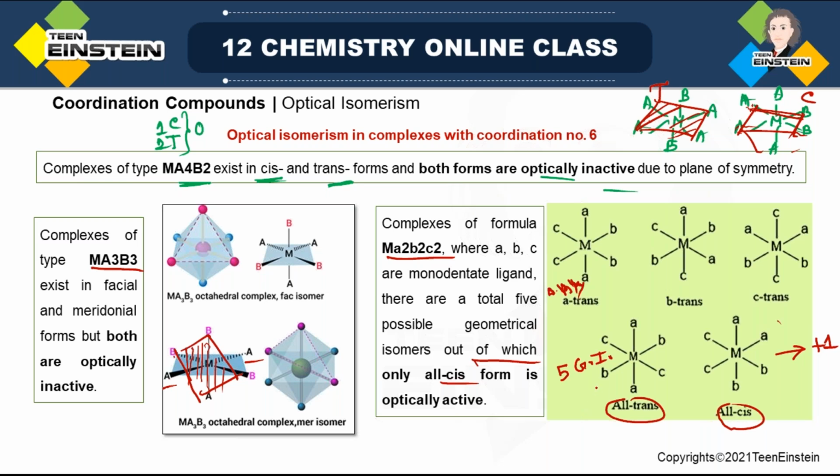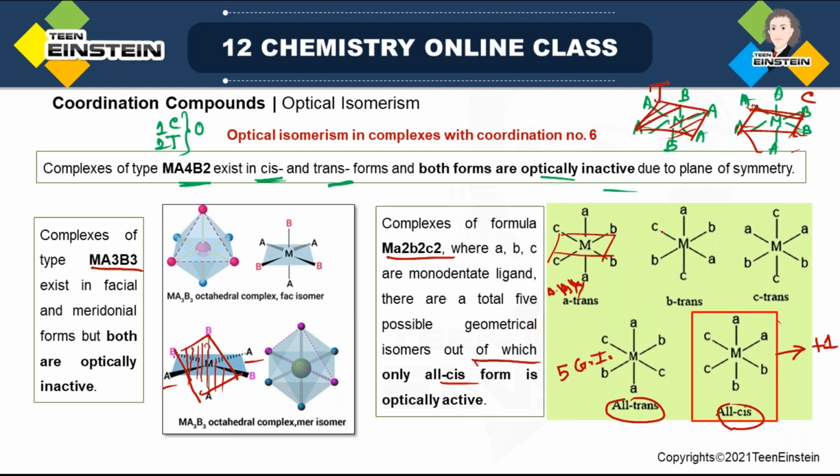Okay. So only this form is optically active, because in this form you will not find any symmetry element. If you consider the others, in each case you will find some symmetry element. See, when A is trans, if you cut the molecule along this plane, both halves are equal.